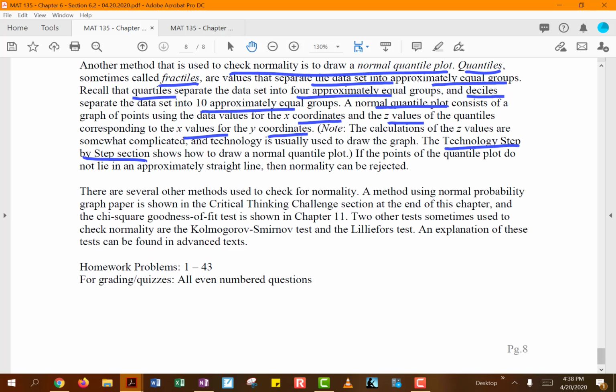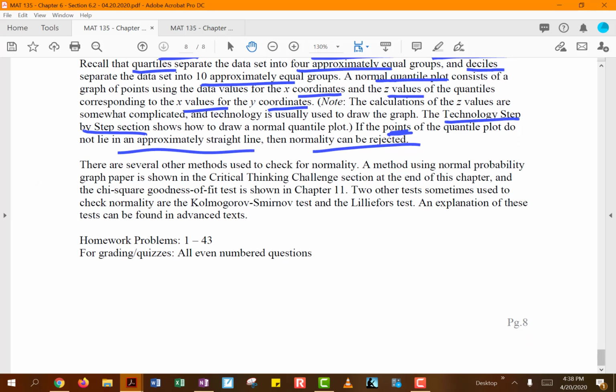But basically the idea is, if the points in your quantile plot do not lie approximately in a straight line, then your normality will be rejected. So that's how the quantile plot works.